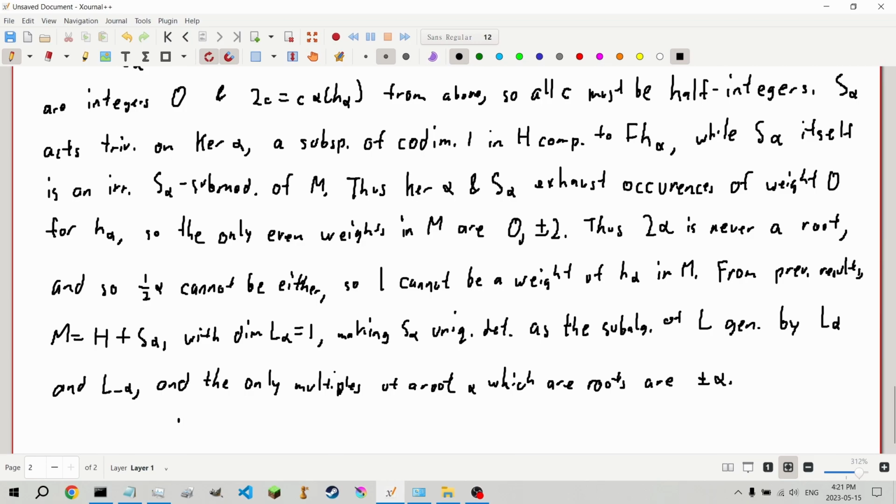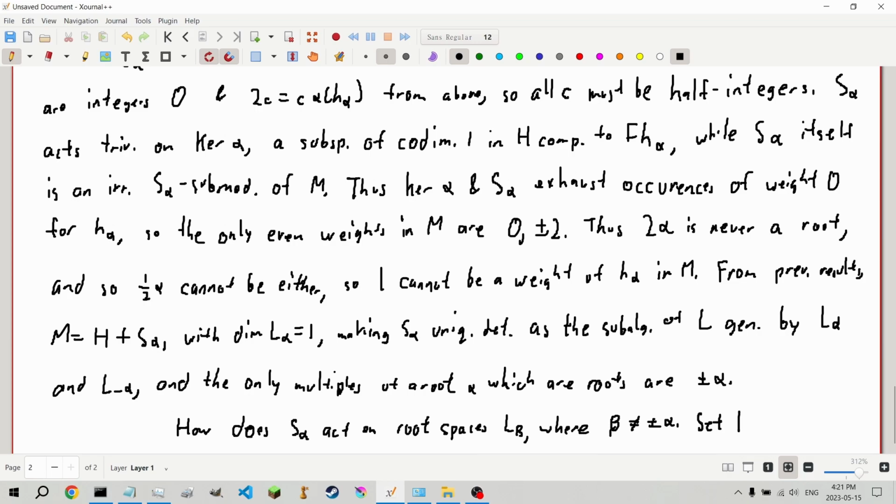Now, how does our S alpha act on root spaces of L beta where beta is not related to alpha?